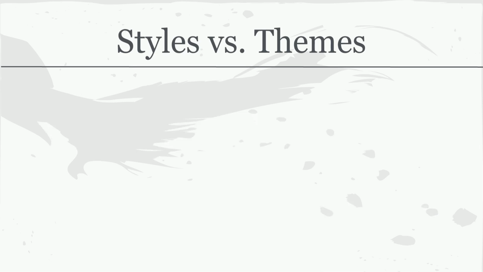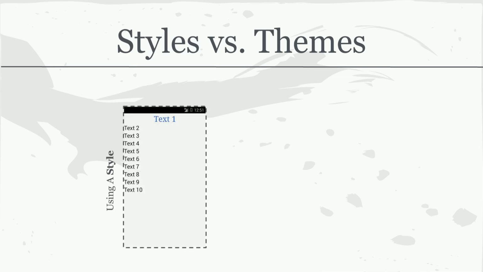Now, styles and themes are very closely intertwined because they're essentially the same thing, but let me describe why they're named differently. So when you're using a style, you can style specific views or widgets in the window, as we mentioned earlier. As you can see in this illustration here, the first text item is styled using our custom blue sans font here. It also makes it a little bigger and centers it on the screen.